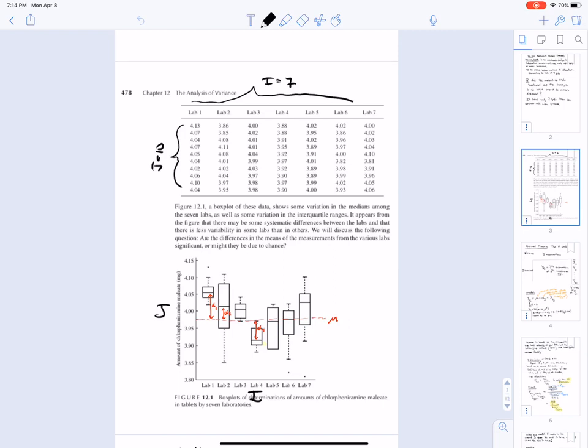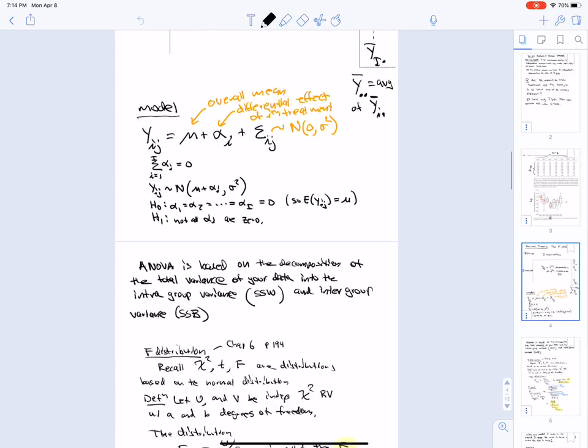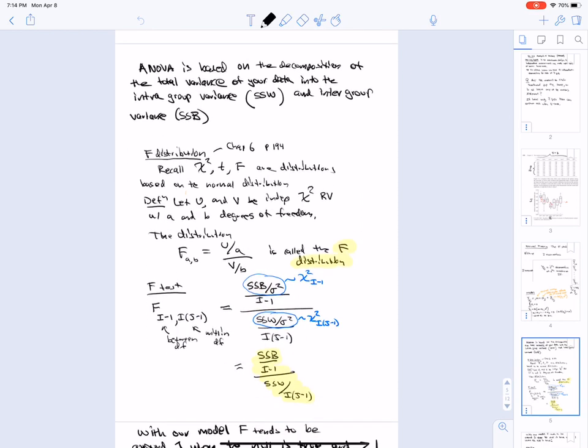So the variance of those mean values is called the sum of squares between, and the variance within each box, the variance of values within each lab, that's called the sum of squares within. So the interplay between those two is very important for what we're about to do. To understand why, we look at the F distribution. This is going to be our test statistic. The F distribution is a ratio of 2 chi-squares, each divided by its degrees of freedom.